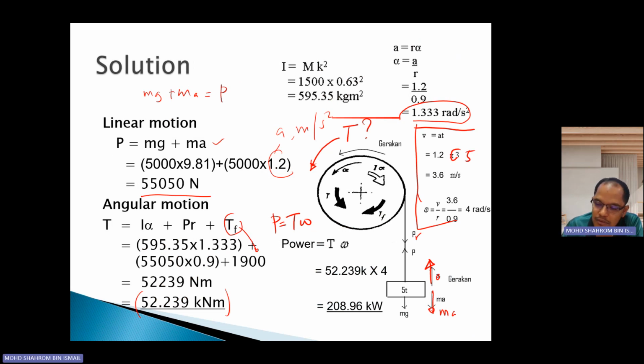If you replace 3 with 5, then this will be different, maybe a bit higher, maybe 5 rad per second. Then you multiply by this, and the power will be around the corner.